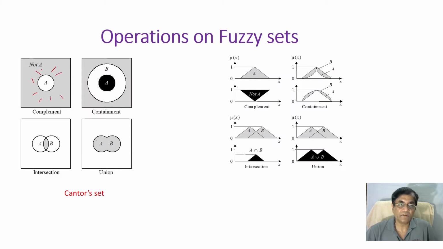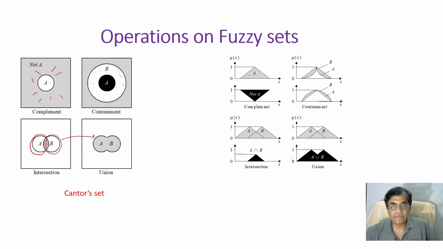Then containment is between A and B. This is containment. This is what intersection is. Union is this, which is actually so. These were the operations with crisp sets.